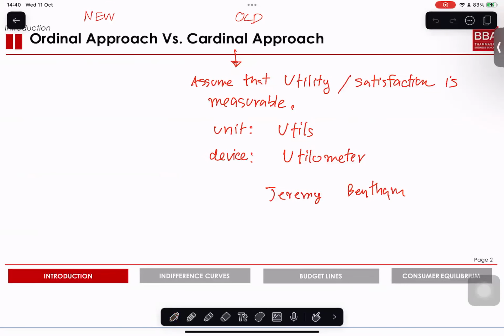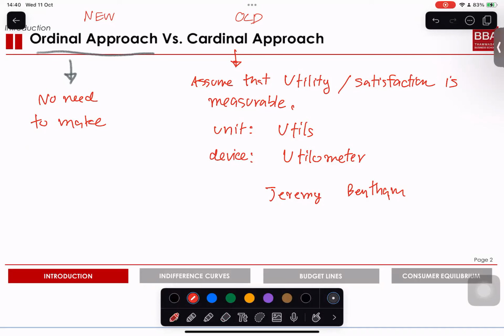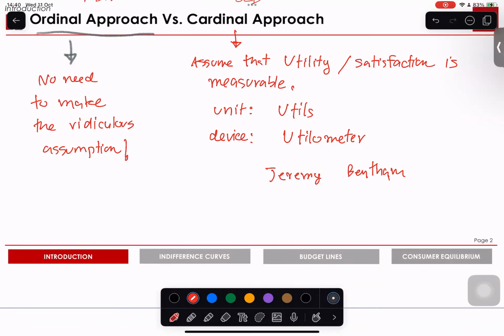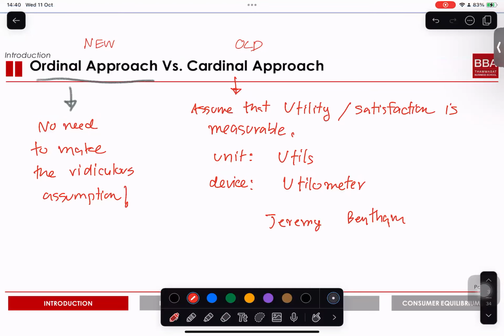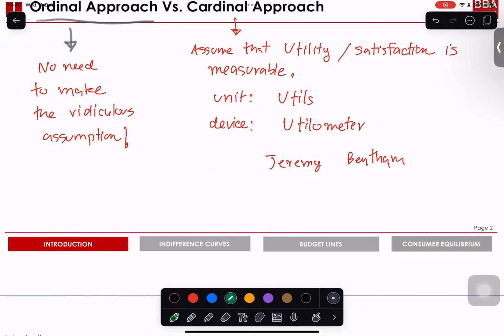Ordinal approach, no need, said the response. So I said, no need to make a ridiculous assumption like this.